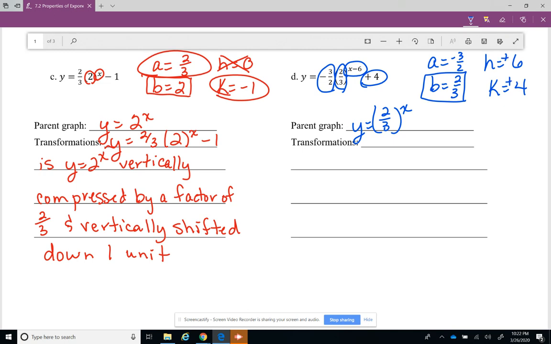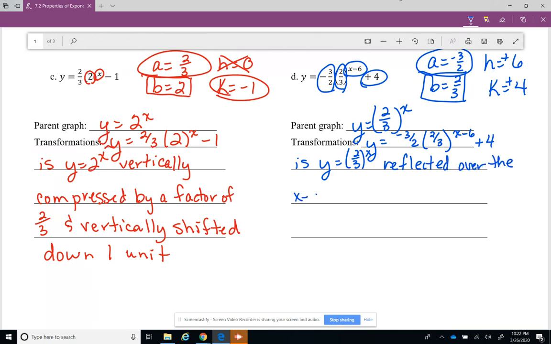that's fine. All right, so y equals -3/2 times 2/3 to the x minus 6 plus 4 is the parent graph, which is y equals 2/3 to the x. And let's do the negative part first. So reflected over the x-axis.